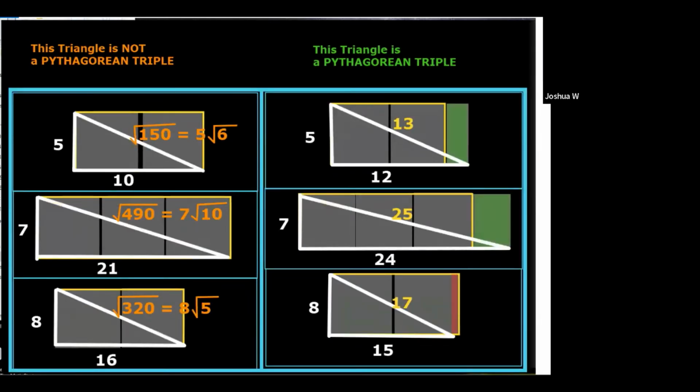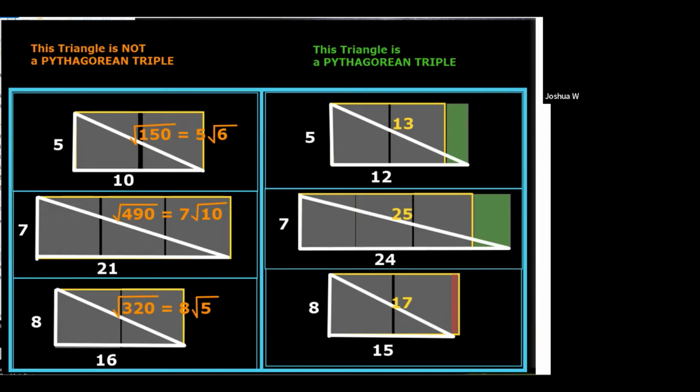Well, since the side length is 5 for the triangle in the first row, the base is 10. And if we use the Pythagorean theorem, 5 squared plus 10 squared equals 125, so the hypotenuse is the square root of 125. Well, that's not a perfect square. And the best we can do is simplify that to 5 square root 5, but it's not a natural number.